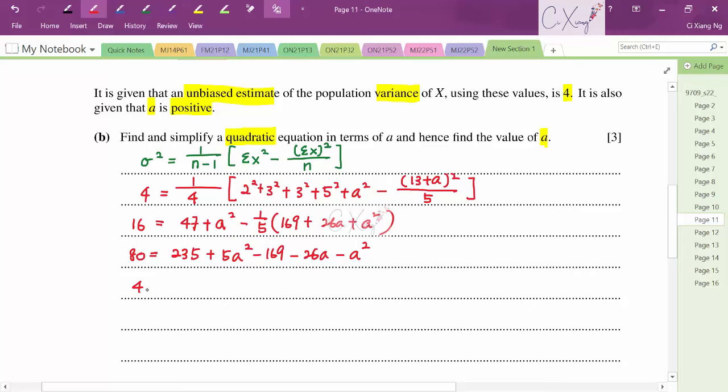Okay, if I rephrase everything again, from here I think it is quite clear that we already get a quadratic equation in terms of a. Therefore, to get the value of a, we try to factorize it.